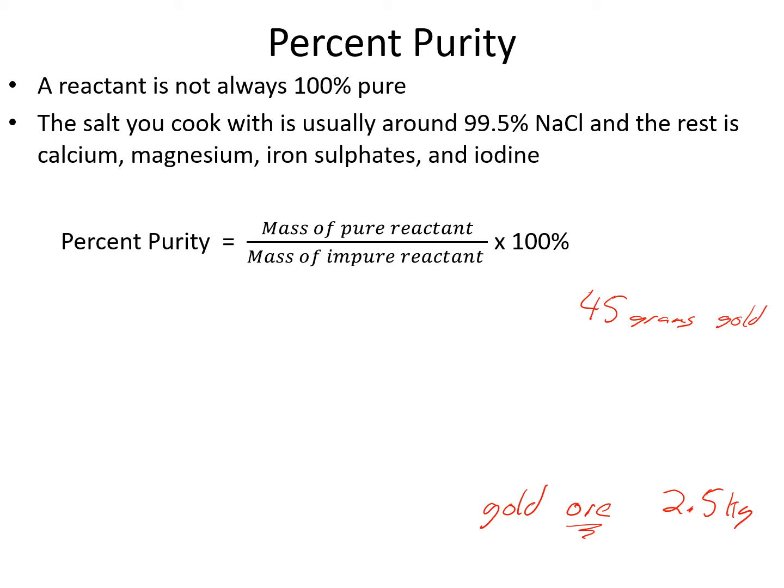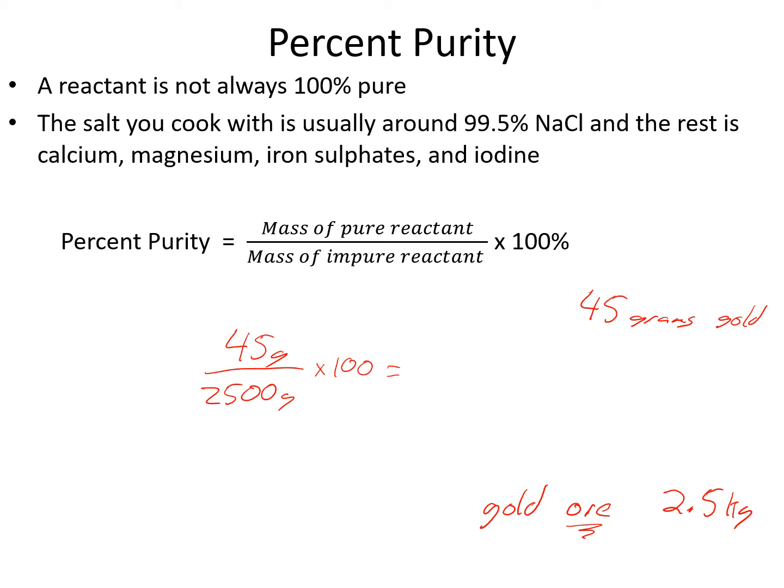What I would do is take the mass of just the pure gold, the mass of the pure reactant that we're interested in, so that'd be 45 grams, divided by the mass of the impure, which is 2.5 kilos, or in other words, 2,500 grams, times by 100, and I can figure out how pure my gold ore is.